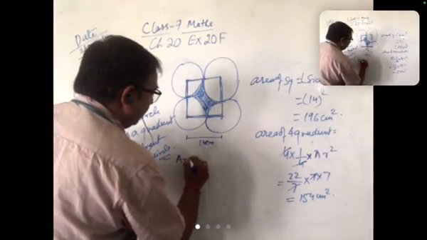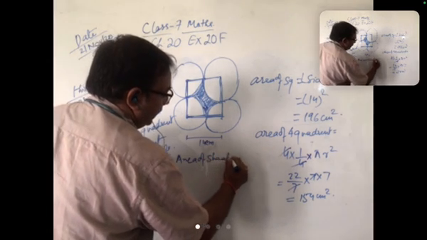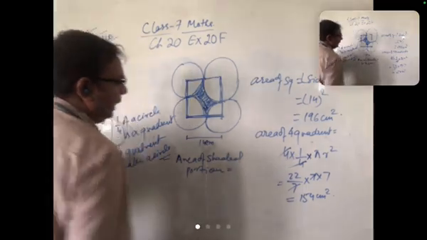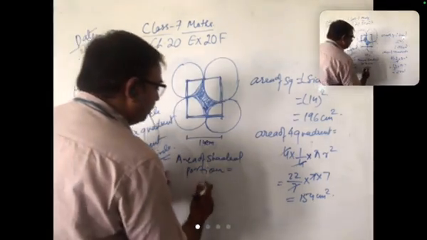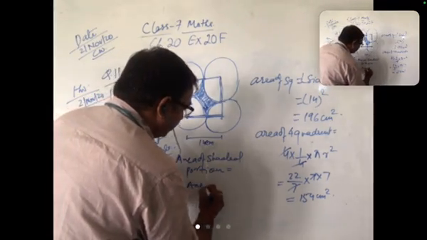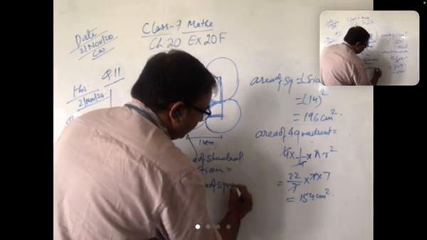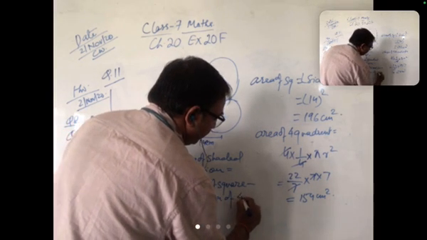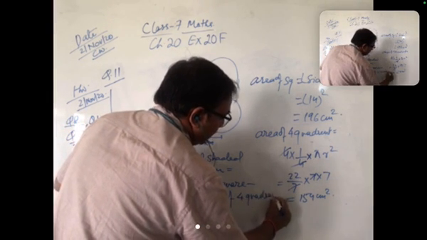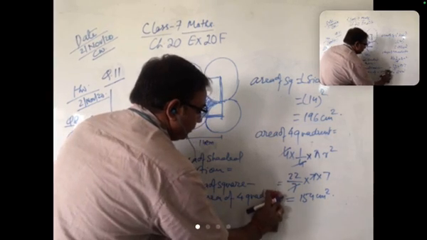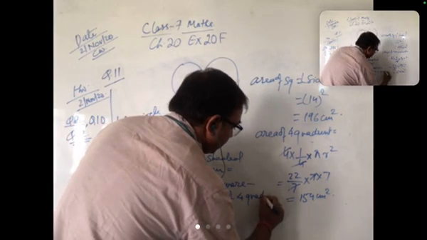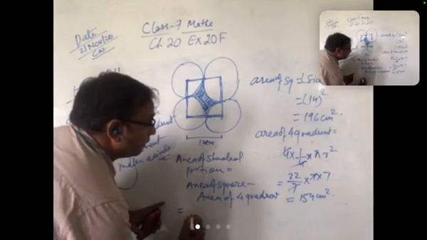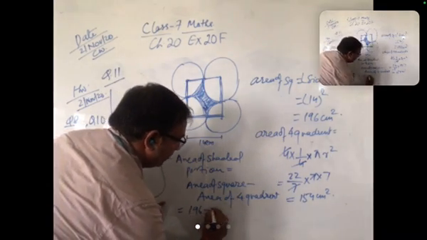The area of shaded portion or region, anything you can write, is equal to area of square minus area of four quadrant, which is equal to 196 minus 154.